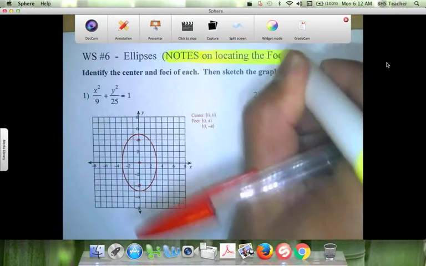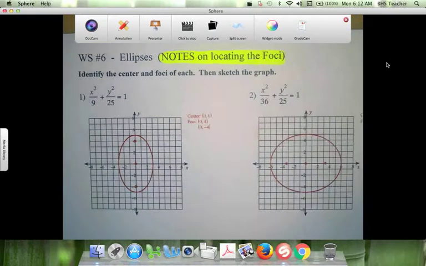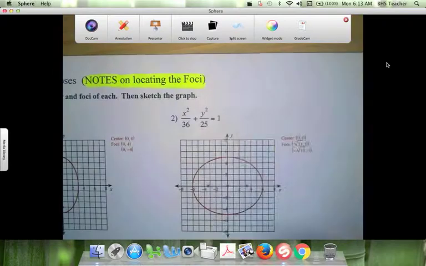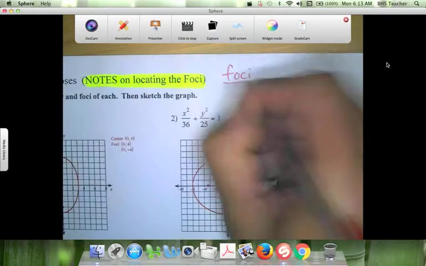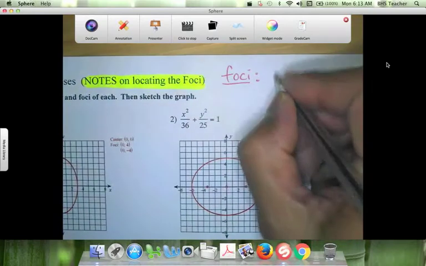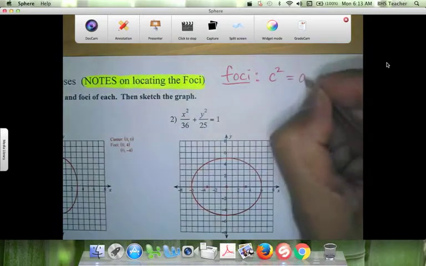All right, the formula for the foci, I'll put it up here on the right-hand corner, is c squared is equal to a squared minus b squared.